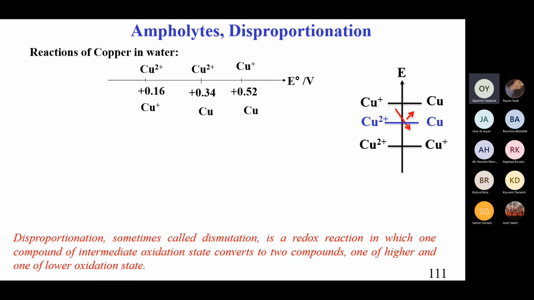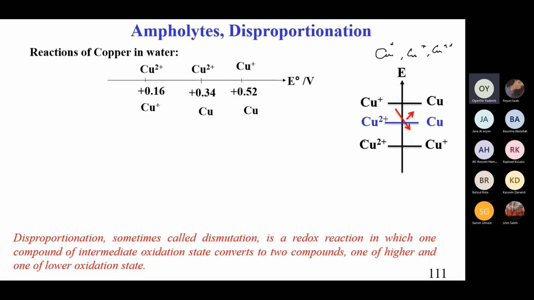Copper plus can go to copper 0 with an E naught of 0.52. As well, copper 2 plus can go to copper with an E naught of 0.34. And copper 2 plus can go to copper plus with an E naught of 0.16. So we can see copper having many oxidation states. It could be copper 0, copper plus, or copper 2 plus.